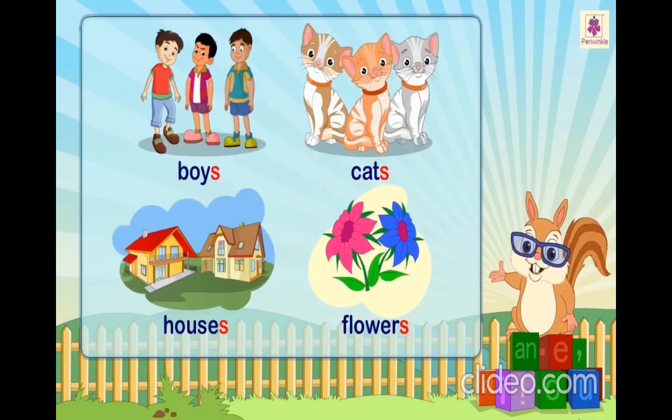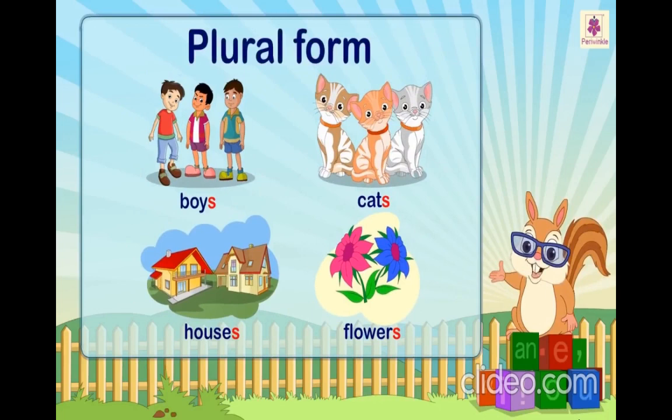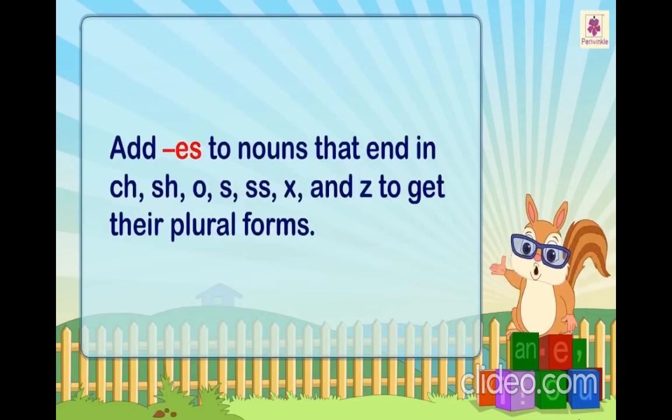We add s to most of the nouns to show their plural form. We add es to nouns that end in ch, sh, o, s, double s, x, and z to get their plural forms.